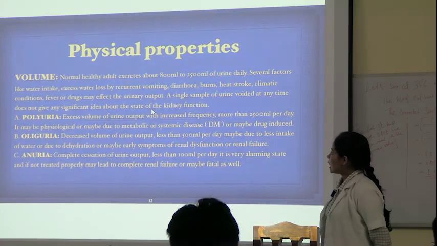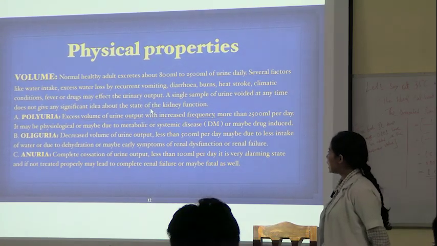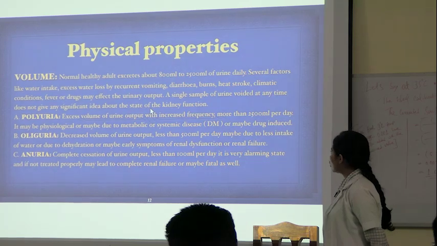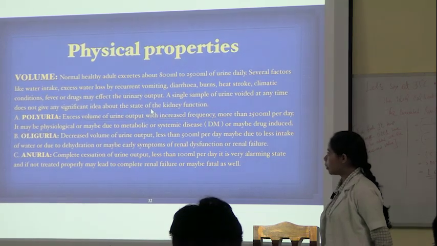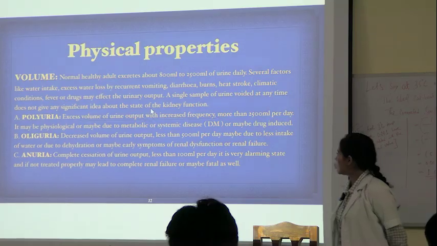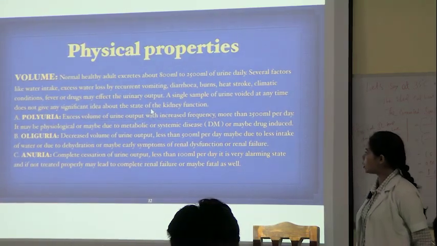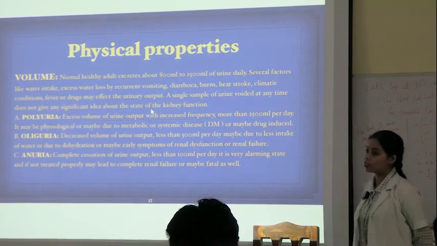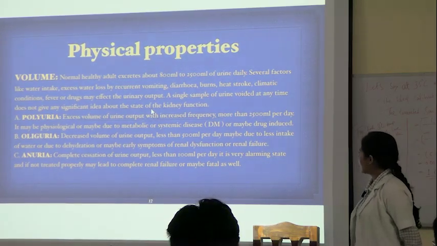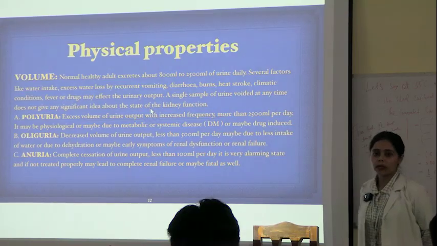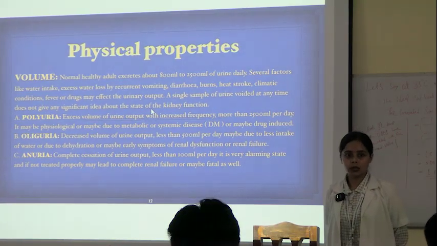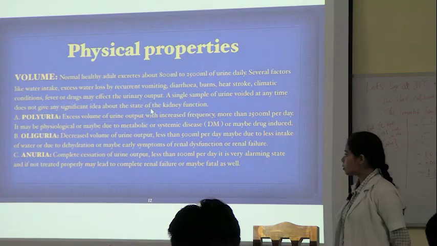Polyuria is excess volume of urine output with increased frequency, more than 2005 ml per day. It may be physiological, or due to metabolic or systemic disease like diabetes mellitus, or may be drug induced. If the patient is getting any form of diuretic, they'll have this.